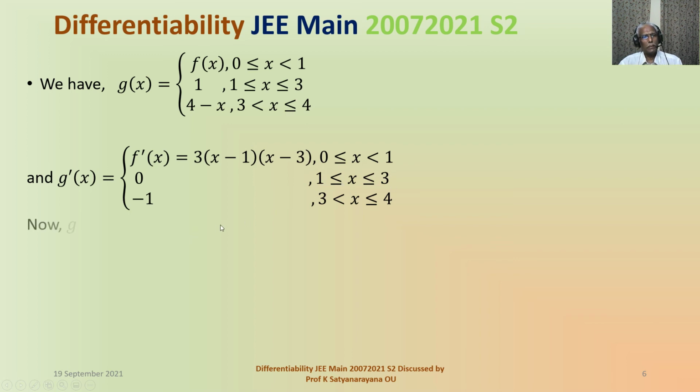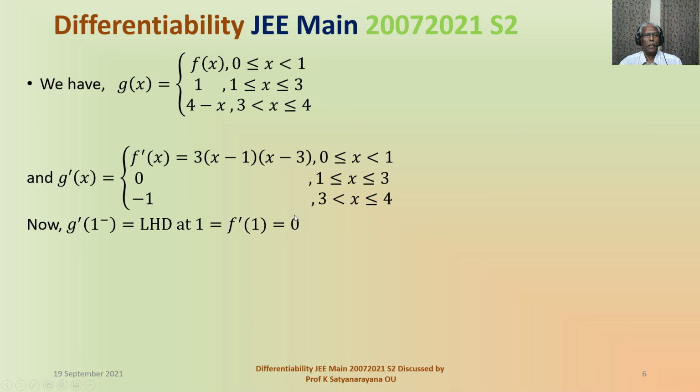Let's see what is g prime 1 minus, that is the left-hand derivative at x equal to 1. The left-hand derivative means when x approaches 1 from the left. So the value will be x minus 1; x equal to 1, you substitute here, that will be 0.